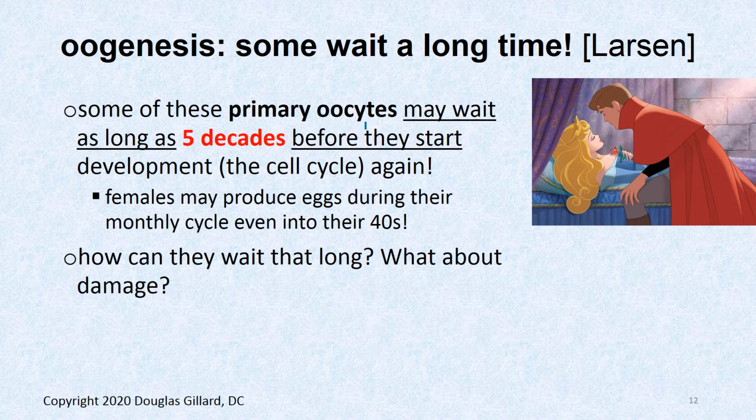But there's thousands of them, and most of them are asleep, and they can be asleep until it's their turn to wake up. And if menses occurs into the 40s, that's 5 decades. That's why for women in their 40s, it's risky to have a baby, because they've been asleep so long. They've been exposed to teratogens and x-rays over that 40 years, and there could be chromosomal damage within these primary oocytes.